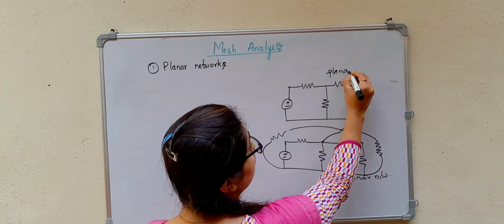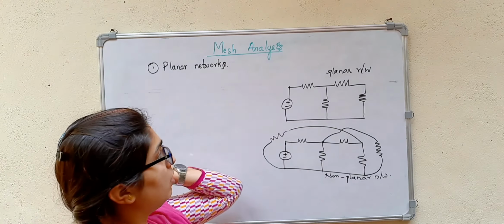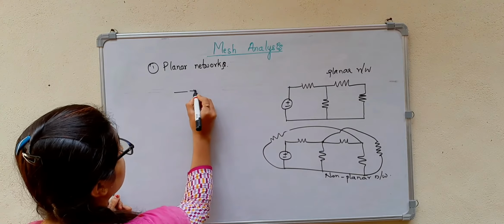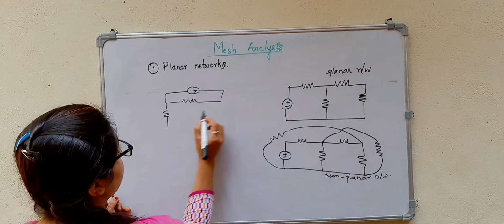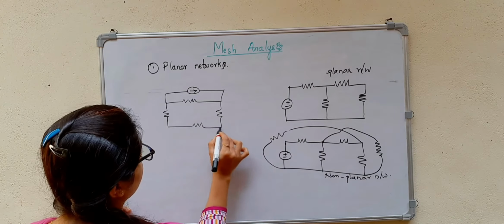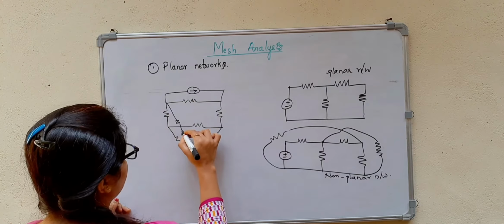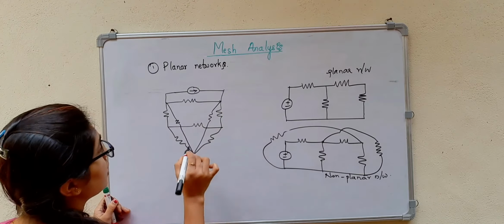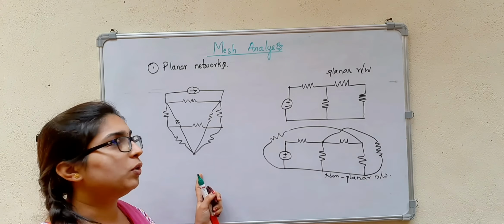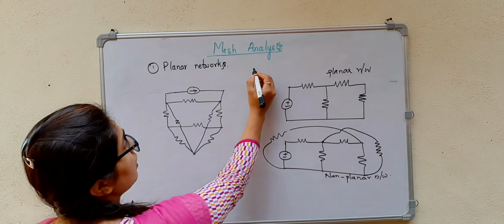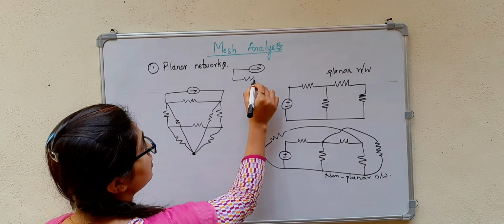There will be some networks which look like non-planar, but actually are planar. For example, we will consider here a current source which is in parallel with a resistor. Here we have resistors. See, this looks like a non-planar network, but it's not, it's a planar network, because we can redraw this. This is a node, so this also can be written like this.